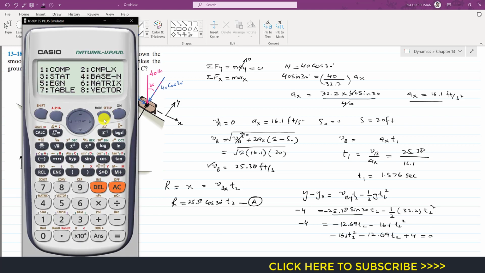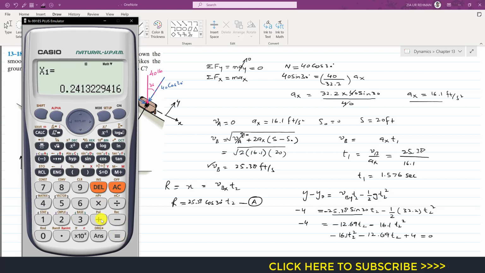If I solve it using the calculator, which has a quadratic equation mode, the coefficient of t squared is minus 16.1, then minus 12.69, and plus 4.